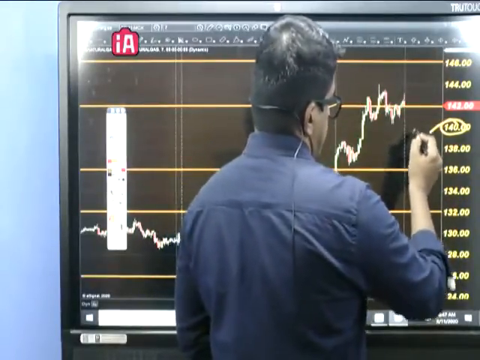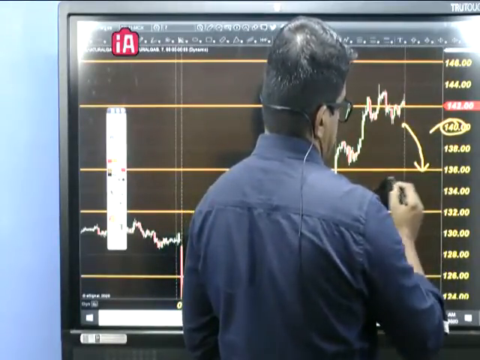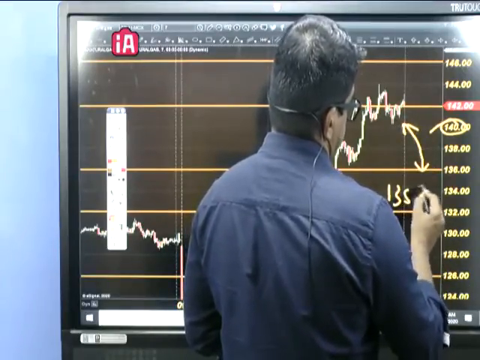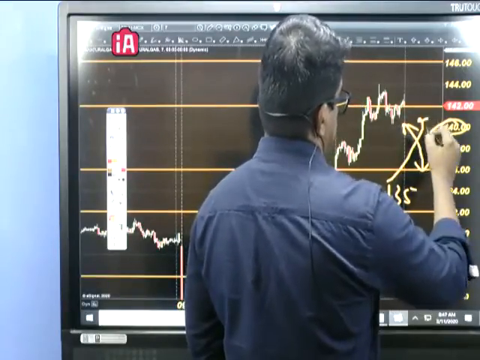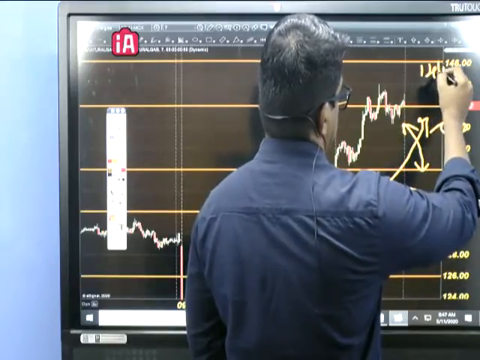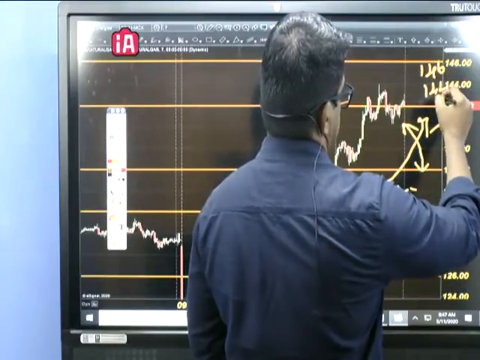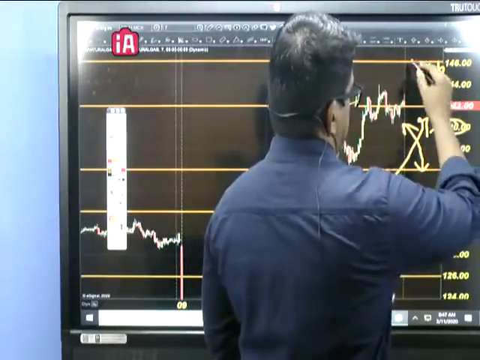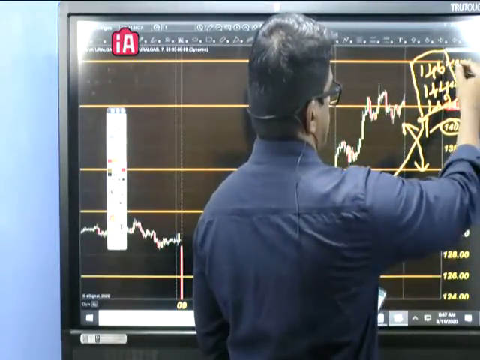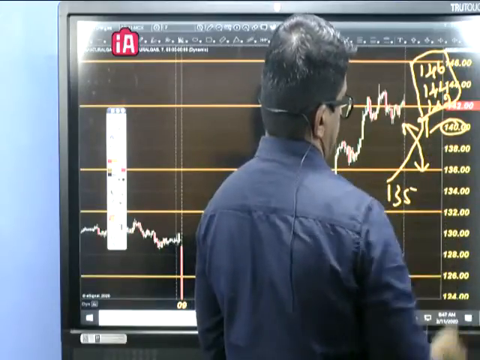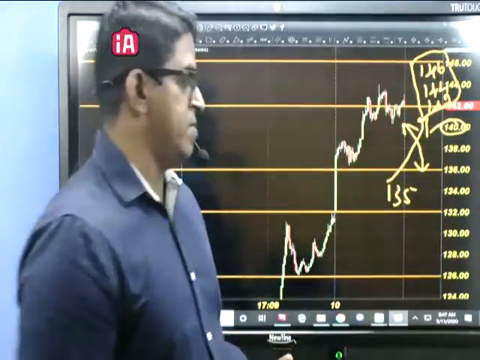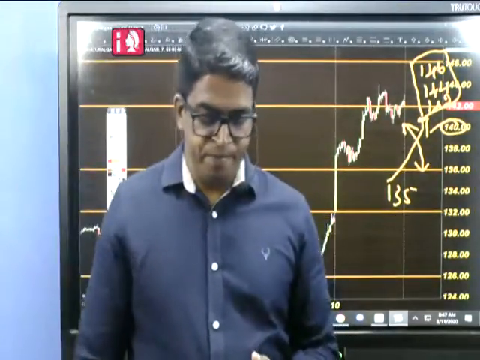So from 140 to 136 you can go for buying based upon your fund. 135 can be the stop, and you can expect the price to move up to hit 142, 144, 146. These are the various targets you can have: target 1, target 2, target 3. You can buy from 140 till 136, with the stop at 135.